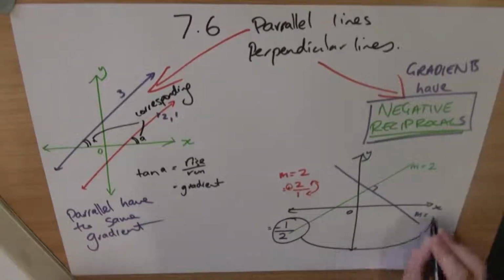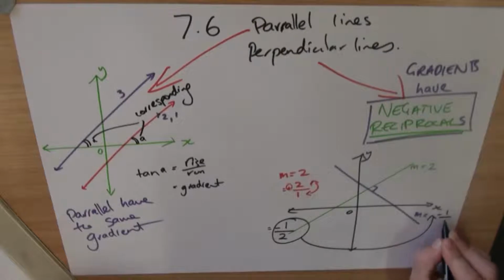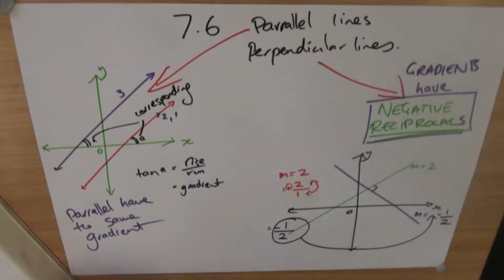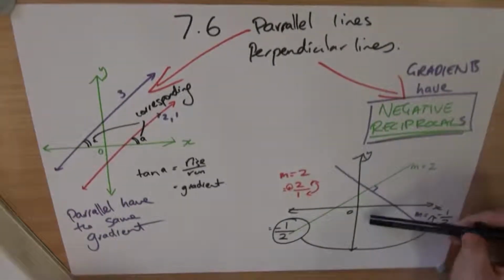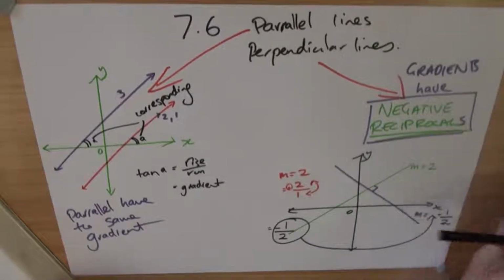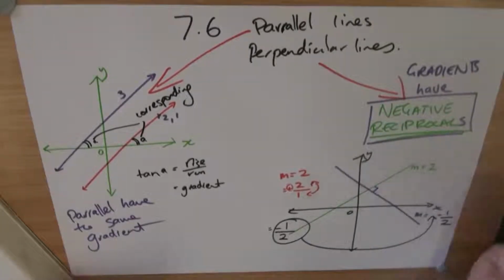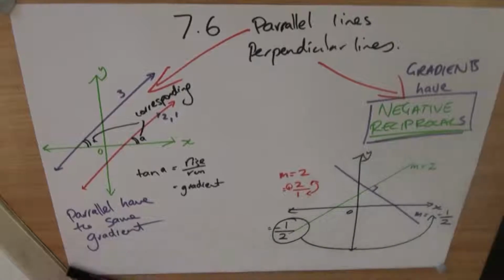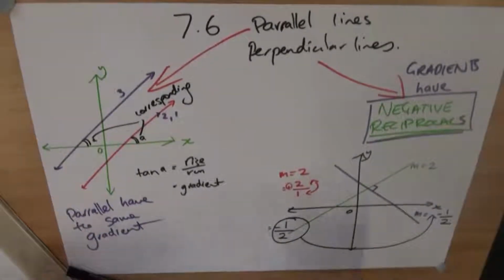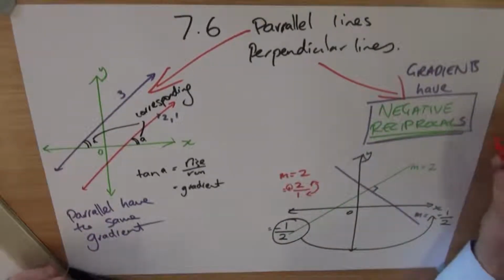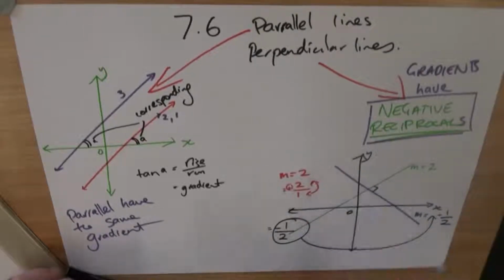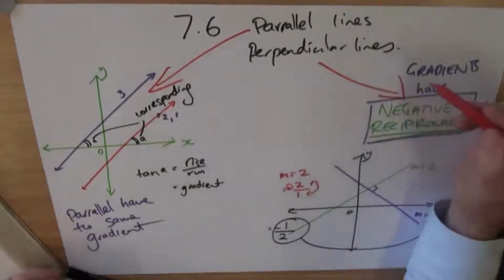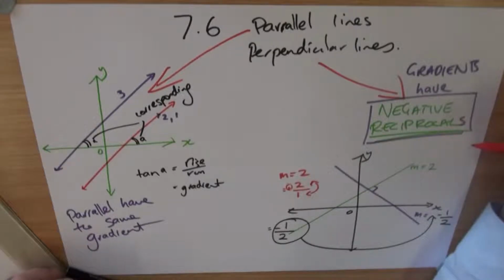So that is the gradient of that line there, negative 1 over 2. Now there is a way for me to prove this to you as to why it's true, but it's just easy enough to remember, and I won't fill up your brain too much with unnecessary proof. But remember that perpendicular lines have negative reciprocal gradients.